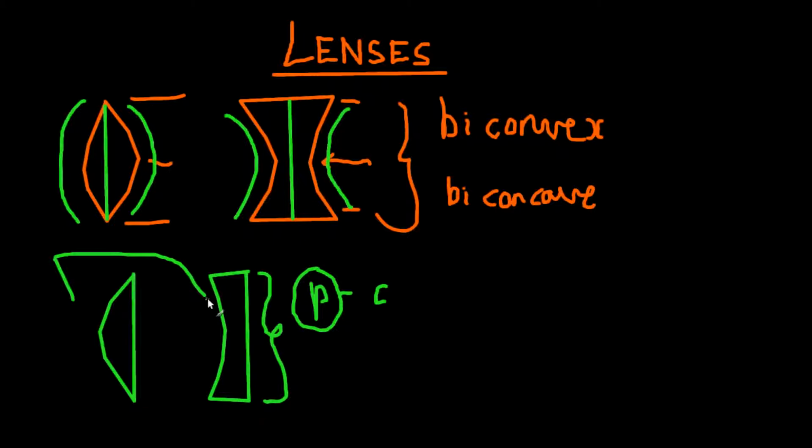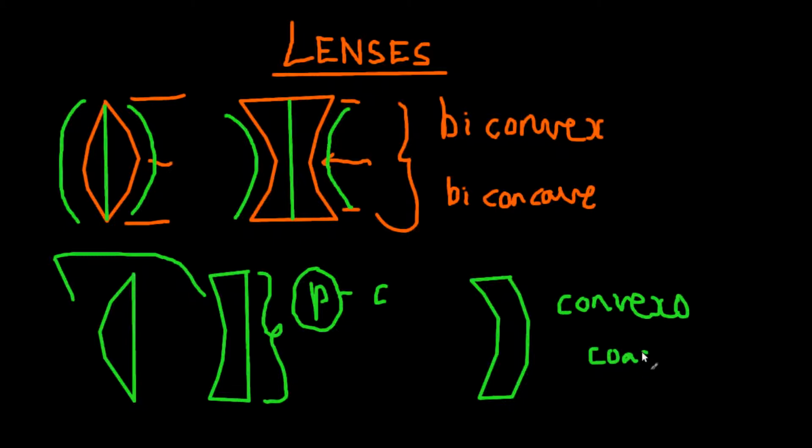Same way, you have concavo-convex and convexo-concave. There's a difference between them, and as I said, the one which comes first comes on the right side. So you can see that convexo-concave, convex would be on the right-hand side, so it would look something like this. This is convexo, concave. Concave is here on the left.